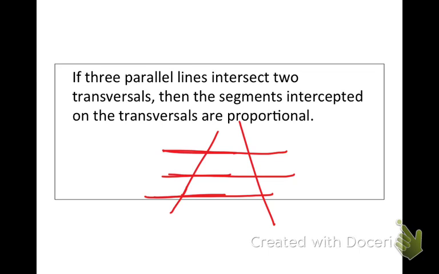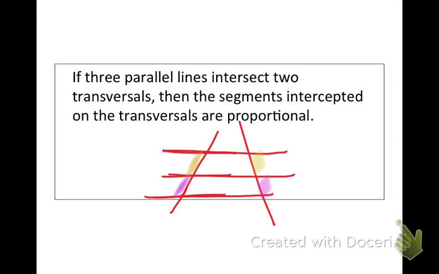Now see if you can see these segments. Here I have a segment, and right below it I have this segment. Do you see how the same segments are over here? So I have this segment followed by, where's my yellow again? There it is, this segment. So if three parallel lines intersect two transversals, then the segments intercepted on the transversals are proportional.